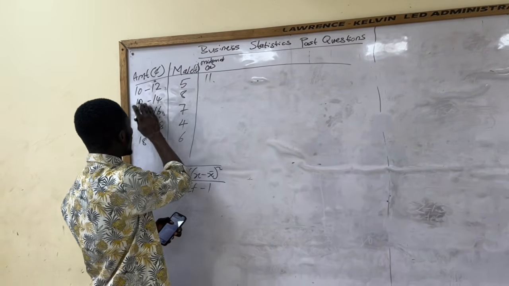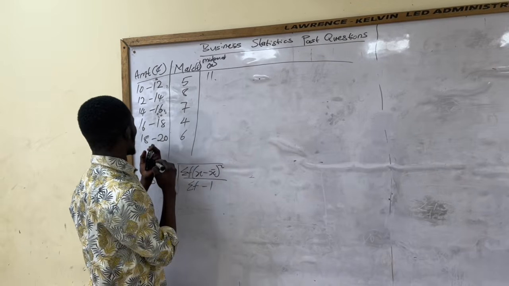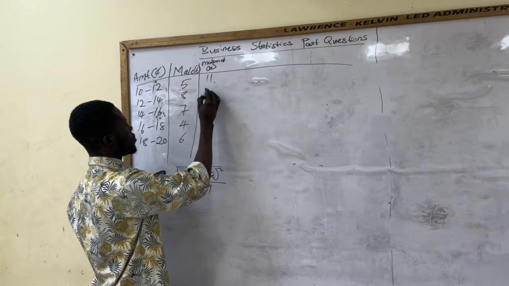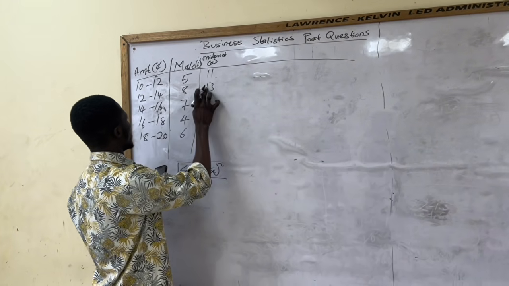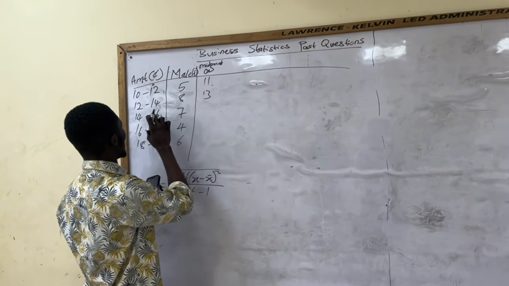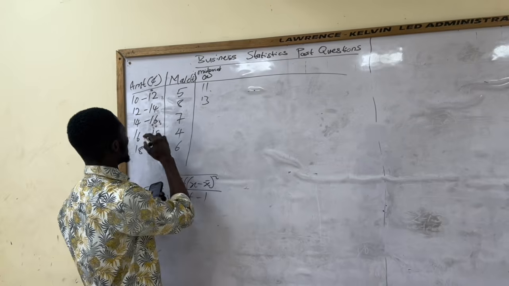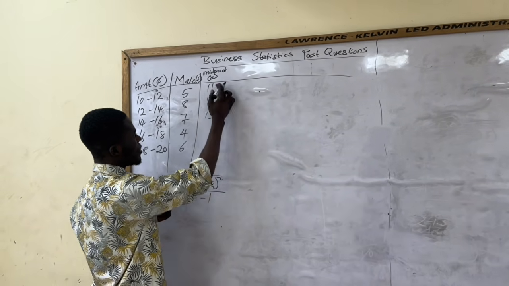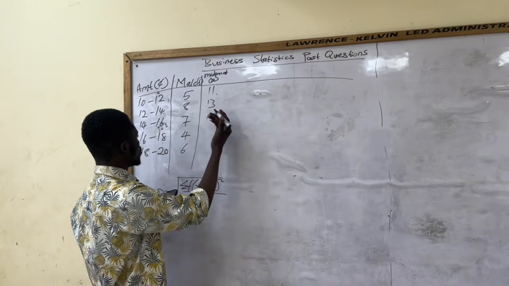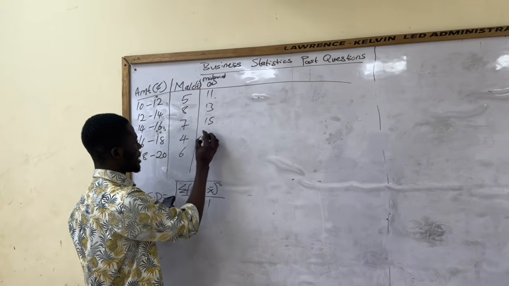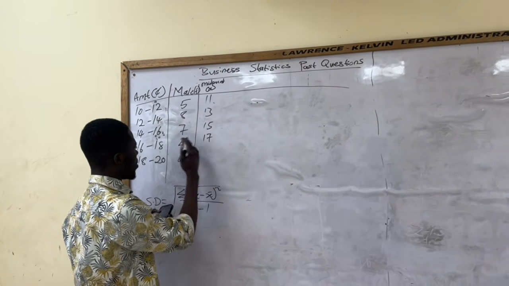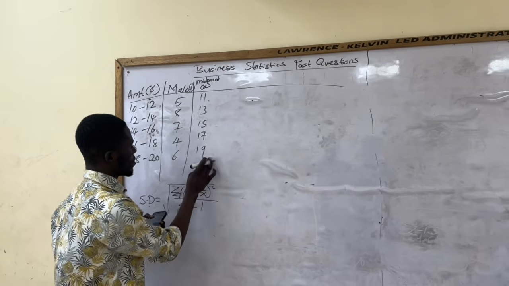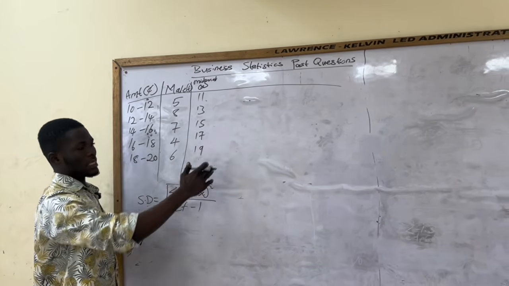Then 12 plus 14, you get 26. 26 divided by 2, you get 13. Now 14 plus 16, you get 30. 30 divided by 2, you get 15. So if we check here, the difference is 2. So you can add 2 to this, getting 17 as your next one. Then 2 plus this, you get 19. Okay, so we are done with the x.